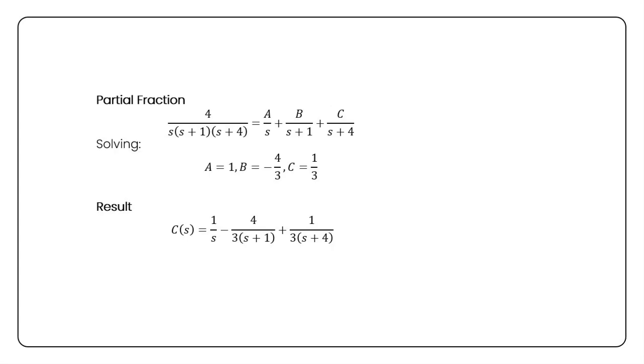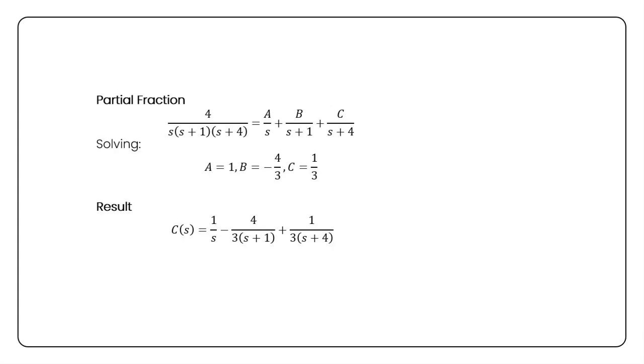With this, we can use our partial fraction expansion, which is equal to A over s plus B over (s plus 1) plus C over (s plus 4). Solving this, we know that A is 1, B is negative 4 over 3, and C is 1 over 3. How to solve this with partial fractions is that we multiply through so that each of A, B, and C has a term attached to it.